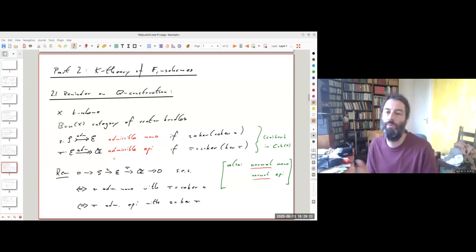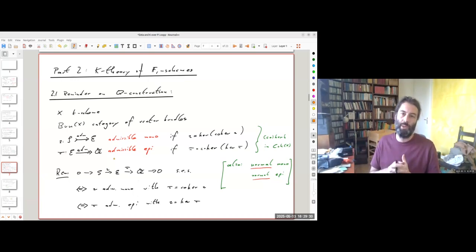So that's a different way of looking at it. The admissible monos and epis are precisely the monos and epis that appear in short exact sequences of vector bundles. Short exact here means short exact as sheaves. And kernels and co-kernels, I didn't say this, but here it's written, are computed in the category of coherent sheaves, because otherwise they might not exist.